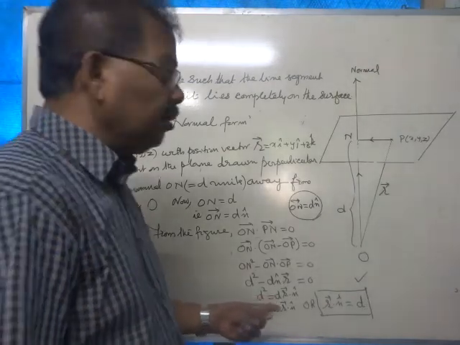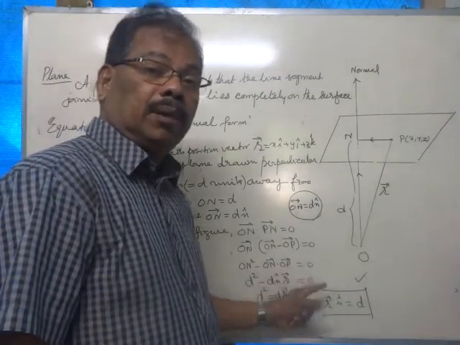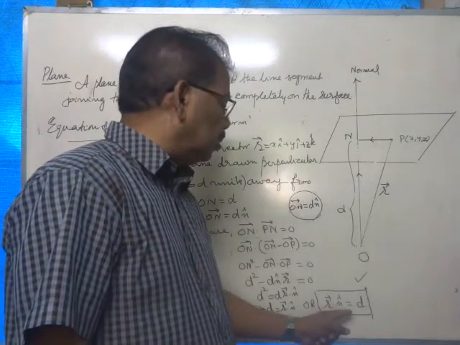The vector equation is vector r dot n cap equals d.